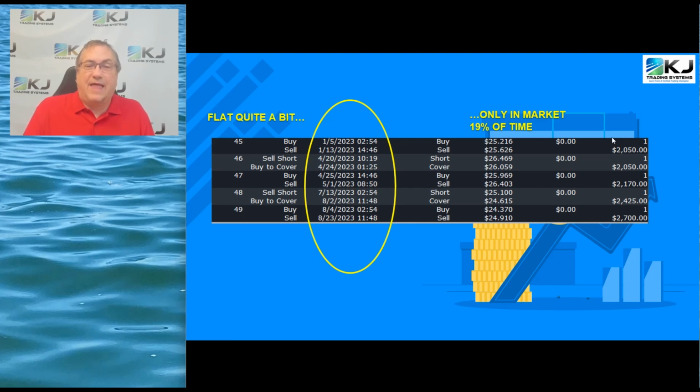And when you're flat, obviously you're only in the market a short period of time. In this case, 19% of the time. So think about it, if this was the only strategy you would trade, most of the time your margin is not being used, your equity is not being used, and you're just sitting on the sidelines.